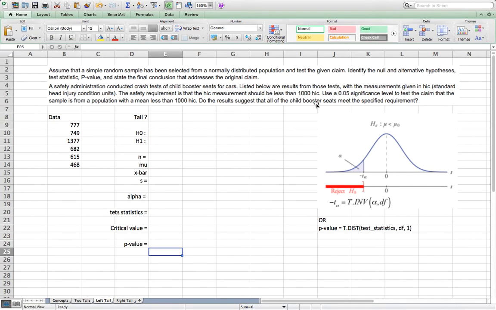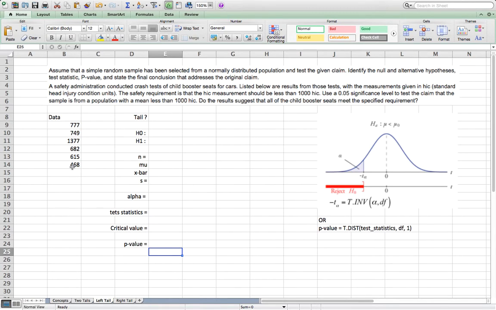Listed below are results from those tests with the measurement given in HIC, the Standard Head Injury Condition unit. The safety requirement is that the HIC measurement should be less than 1000 HIC. Use a 0.05 significance level to test the claim that the sample is from a population with a mean less than 1000 HIC. Do the results suggest that all of the child booster seats meet the specified requirement?